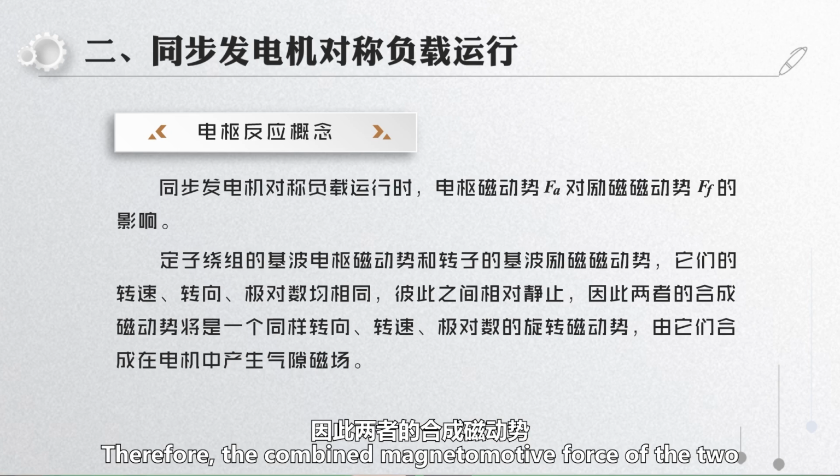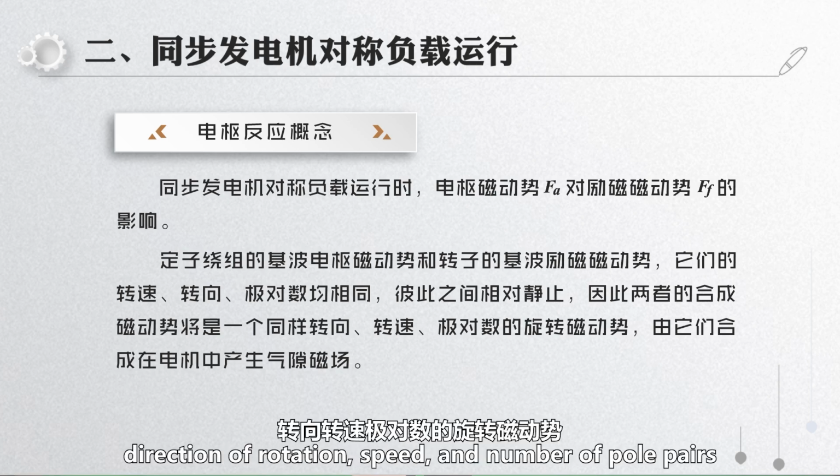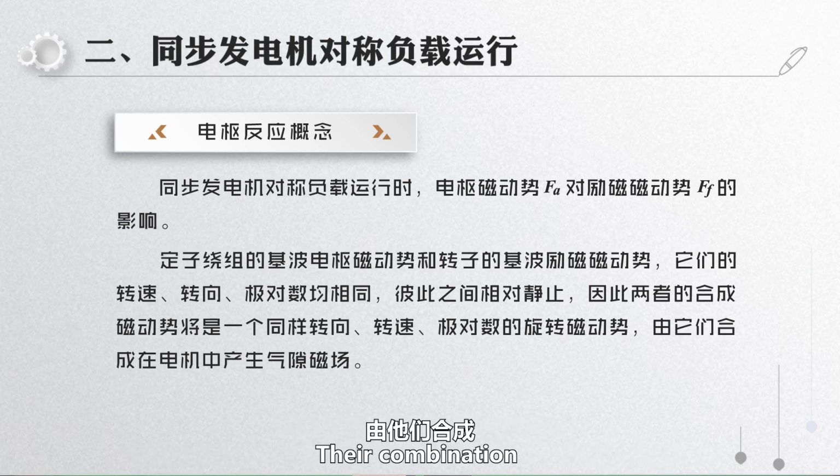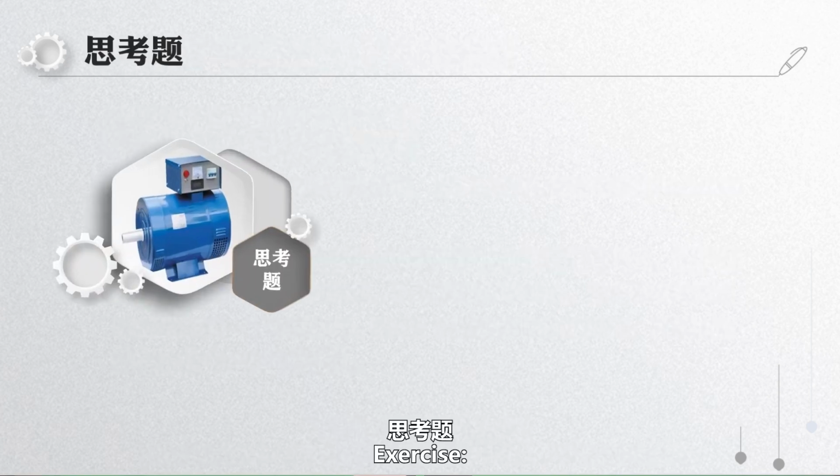Therefore, the combined magnetomotive force of the two will be a rotating magnetomotive force with the same direction of rotation, speed, and number of poles. Their combination produces the air-gap magnetic field in the machine.